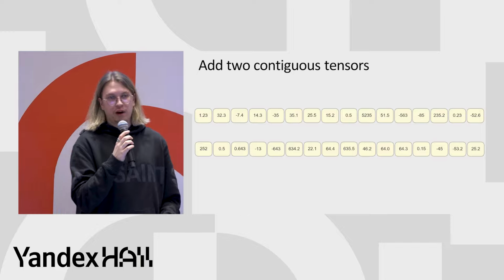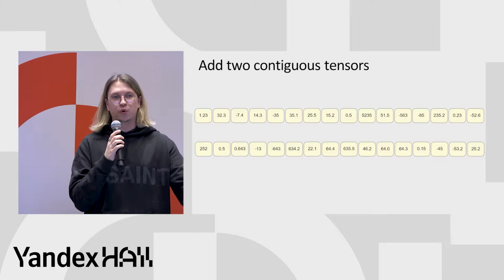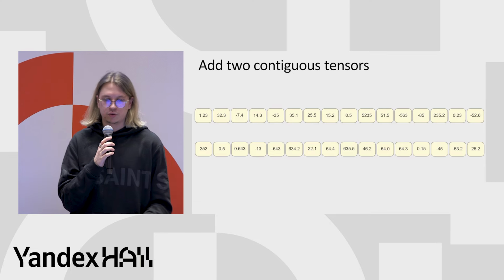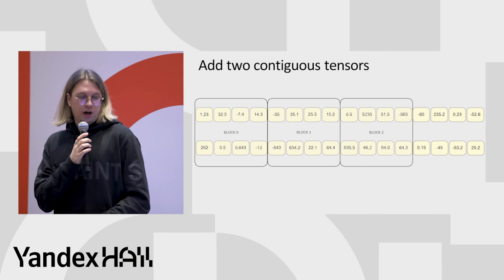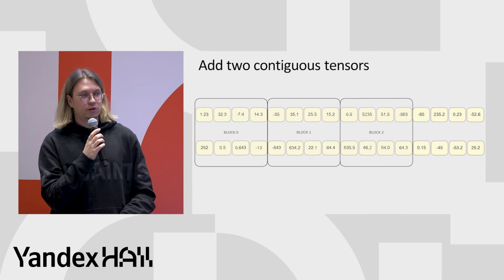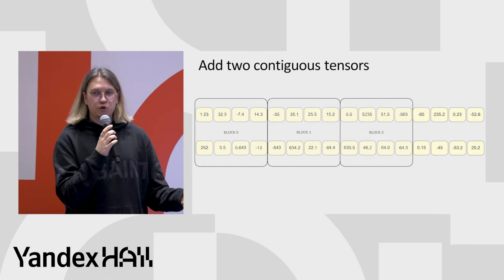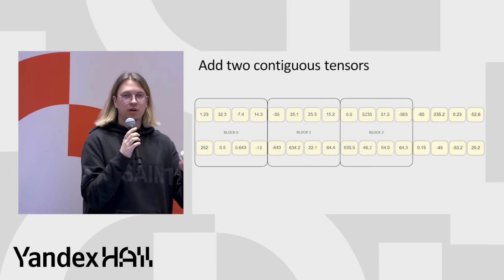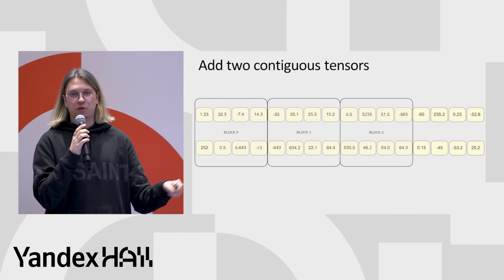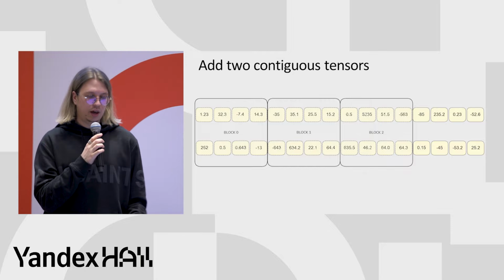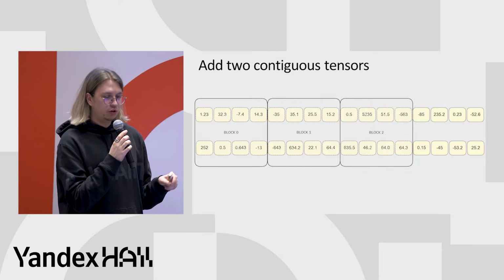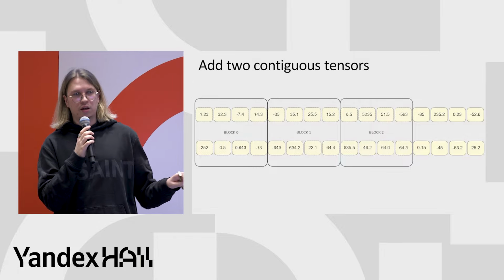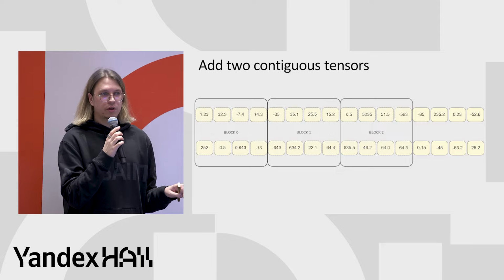So imagine you have these two vectors, right? And we want to come up with a way to parallelize the computation of addition on these vectors. Let's say we cover both of these vectors with blocks. And each block independently computes the sum only with the elements that are assigned to this specific block. So in this case, block number 2 would be responsible only for summing those 4 elements and wouldn't know anything else about all the other elements, right?